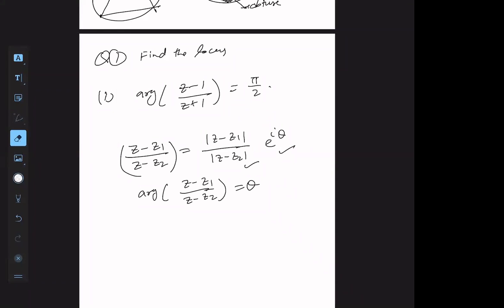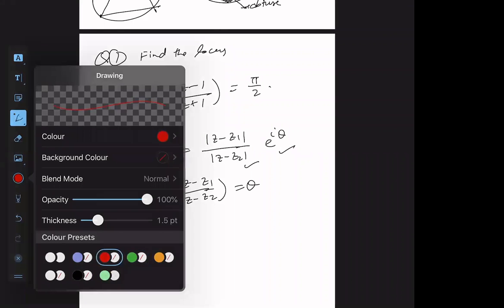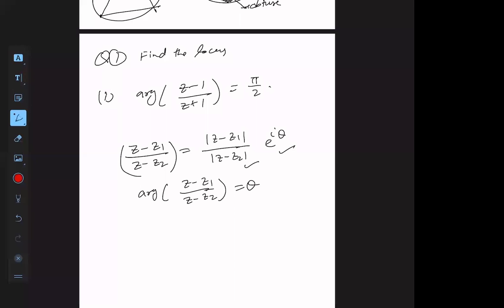Now, if it is given, it means this is the initial vector and this one is the final vector. The final vector is written in the numerator and the initial vector is written in the denominator. So understood this one?